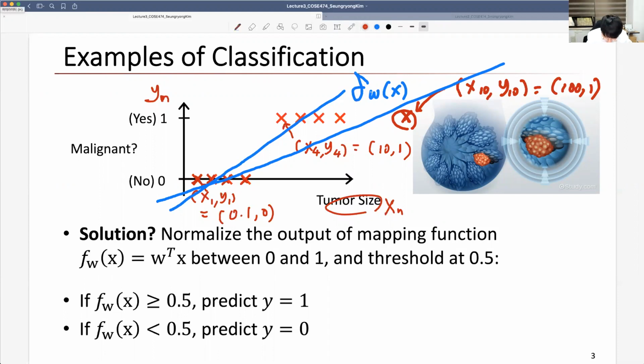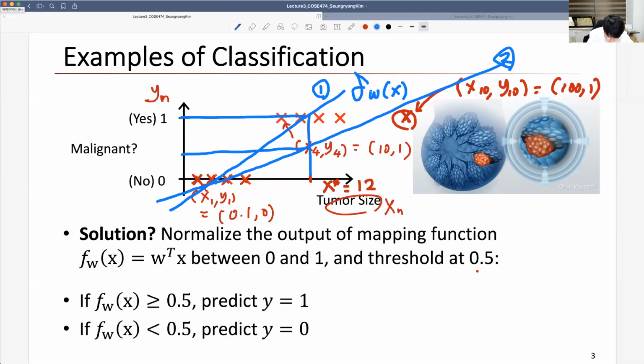What does it mean? Okay, let's say we have a testing sample whose size is here. Let's say x star is 12, right? Then if we use this one, the output of this sample is something like this, but in the case of this mapping function, the output is something like this.